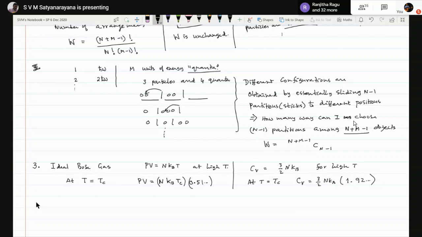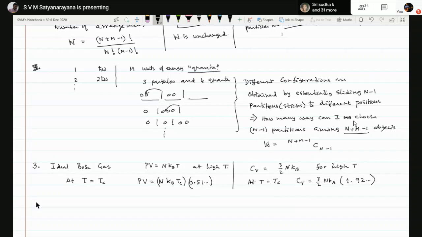So these are the two things which Einstein himself had worked out in his paper, and then said that the pressure is reduced and the specific heat has a higher value than the ideal gas value.